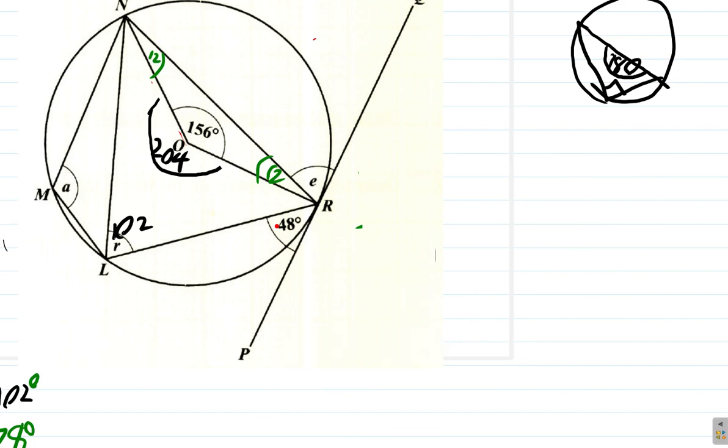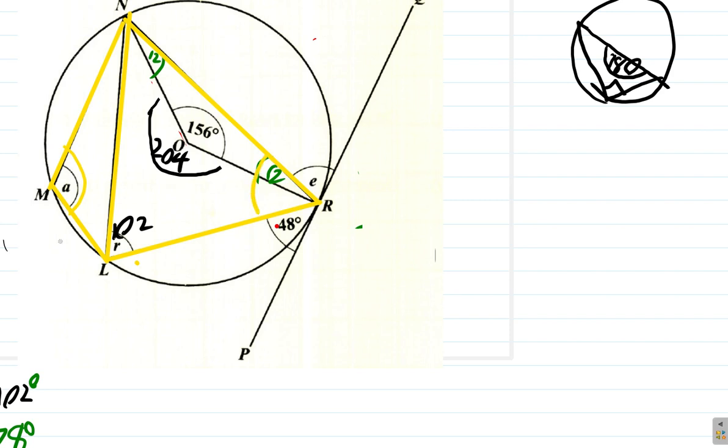What I'm looking at is this. We have this angle A here, lying on the chord NL. And this angle here, the angle NRL, lies on the same chord but in the alternate segment.